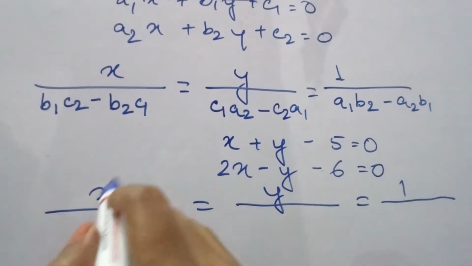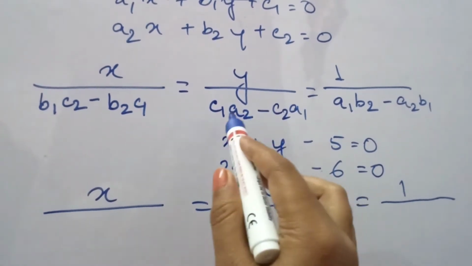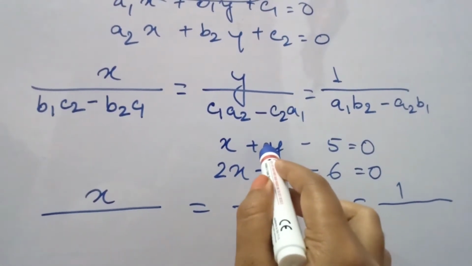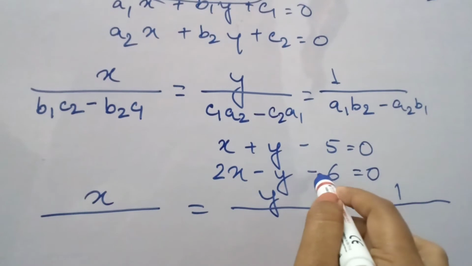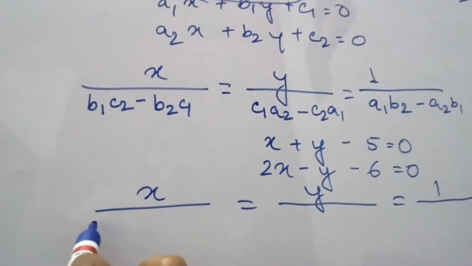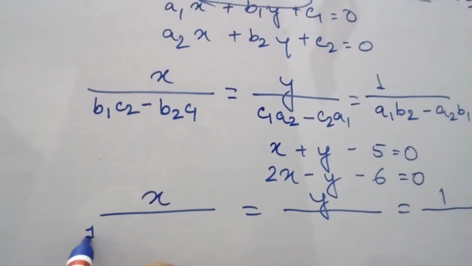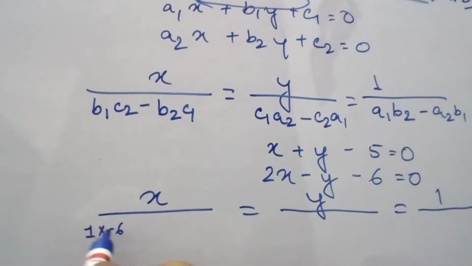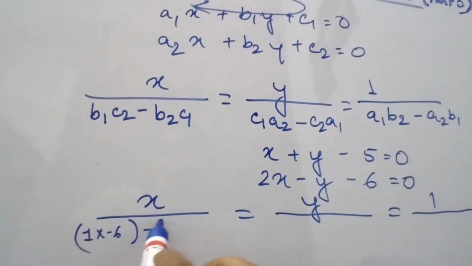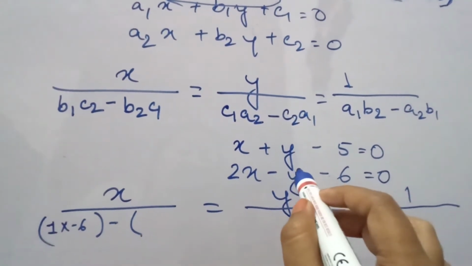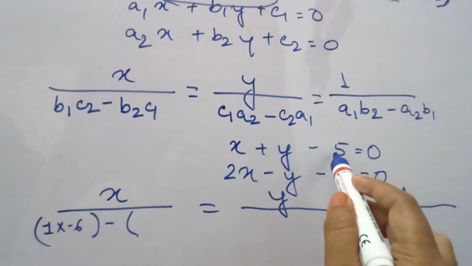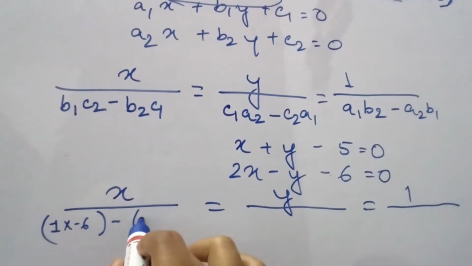So when I am considering x, I'll cover up this side. So what remains is 1 minus 6. So it will be 1 into minus 6, minus 5 into minus 1.